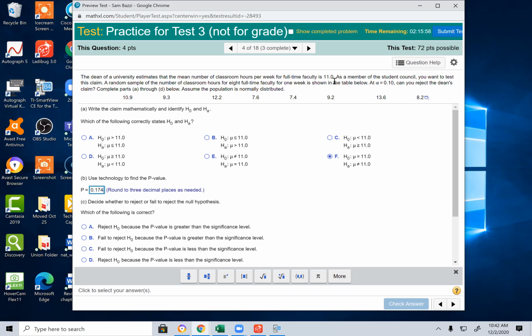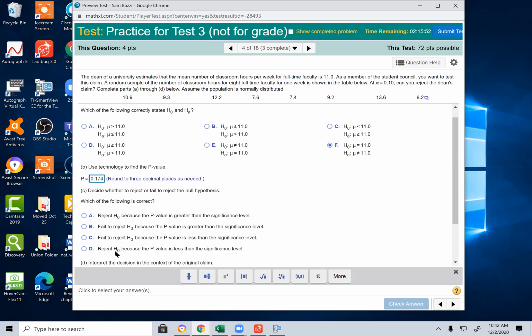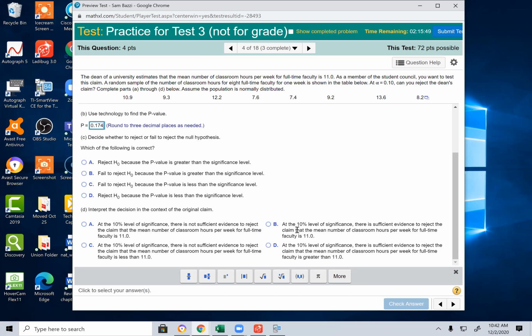It says mean is equal to 11. This is where the claim is. So there is not enough evidence. P-value, fail to reject H0, and right here, that would be.